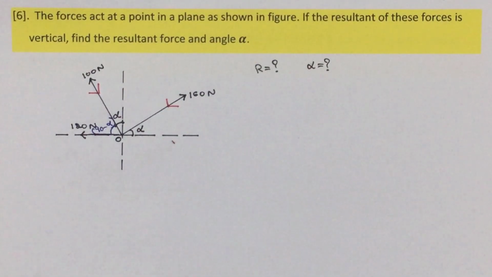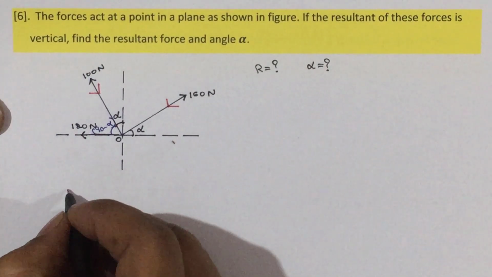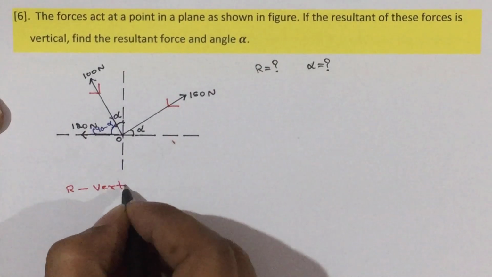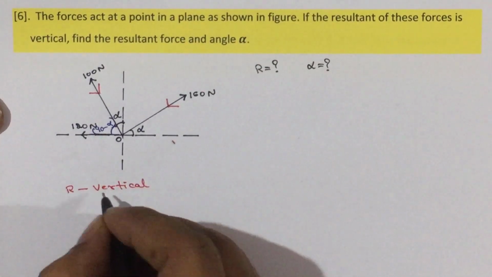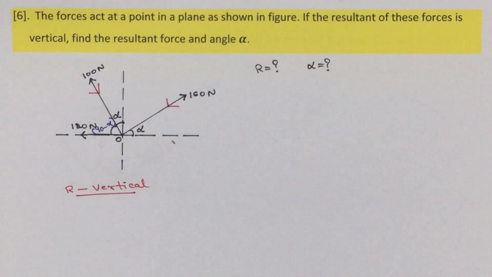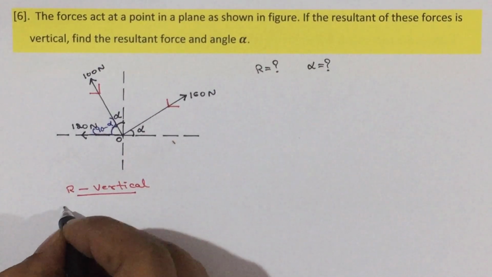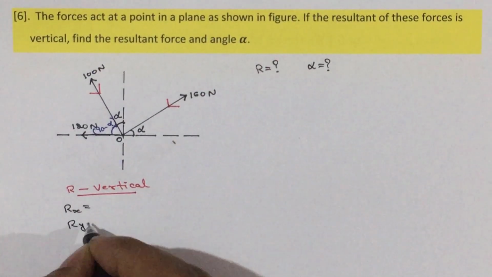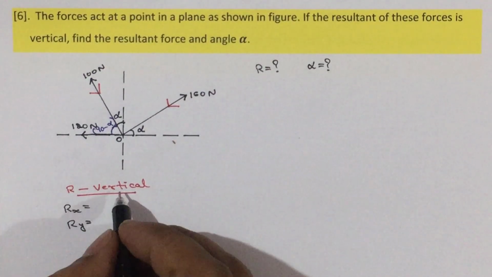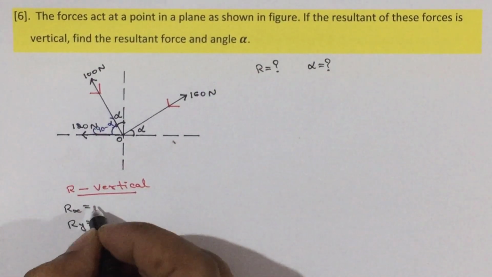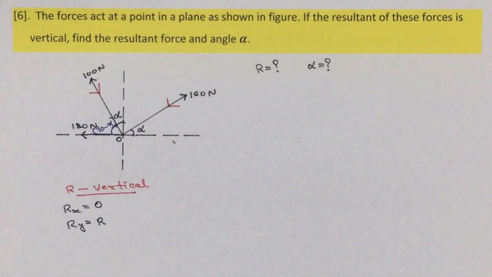So write it. Since the resultant is acting vertical, the vertical component will become R, and the horizontal component will become 0.